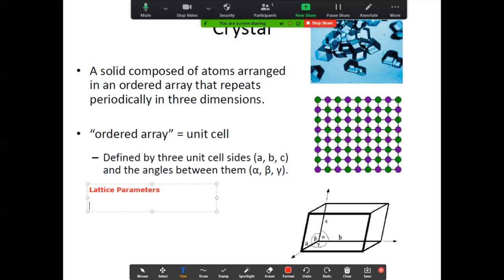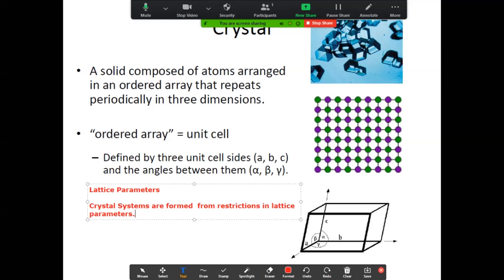And crystal systems are formed by restrictions in these lattice parameters. If we place certain restrictions on the lattice parameters, we get different crystal systems.